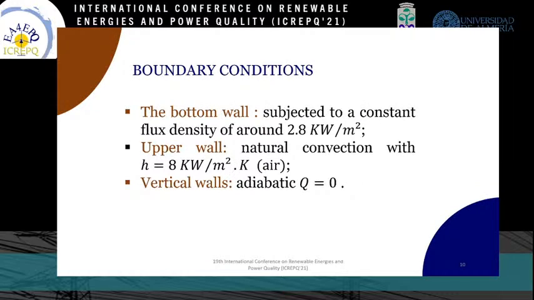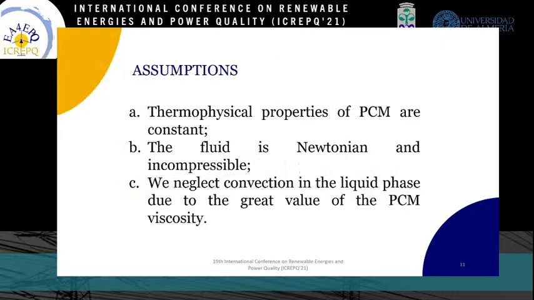The bottom wall is subjected to a constant flux density. We impose natural convection on the upper wall, and we assume that the vertical walls are isolated. In order to simplify the calculation, a transient two-dimensional model of heat transfer during the PCM melting process was governed by the following general assumptions.